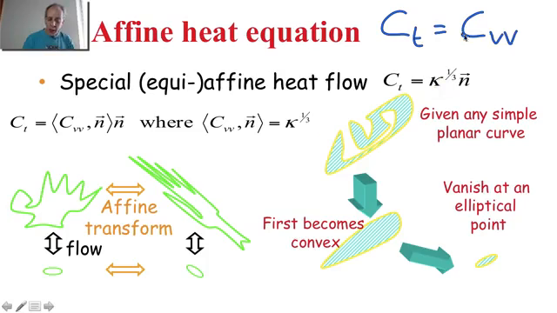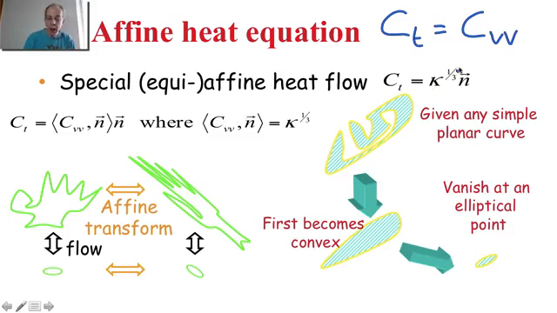So these two equations are, from the geometric point of view, absolutely equivalent, but this one has motion in the tangent direction that is not relevant. Once we project it to the normal direction, we get this beautiful equation.